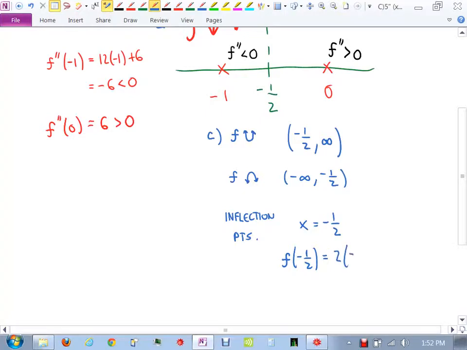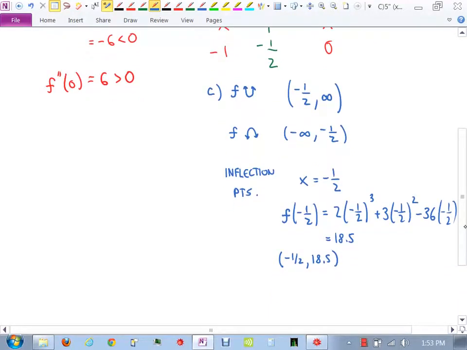Okay, so 2 times negative 1/2 cubed plus 3 times negative 1/2 squared minus 36 times negative 1/2, right? That's... What do you got? 18.5? That's what I got too. So as a point, it's negative 1/2, 18.5. You could put negative 0.5.